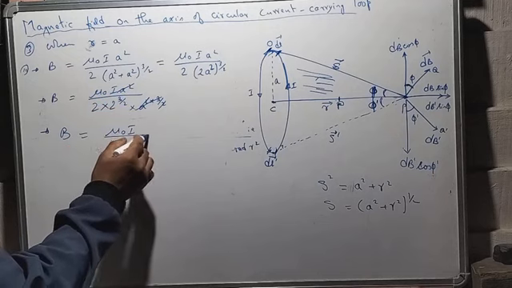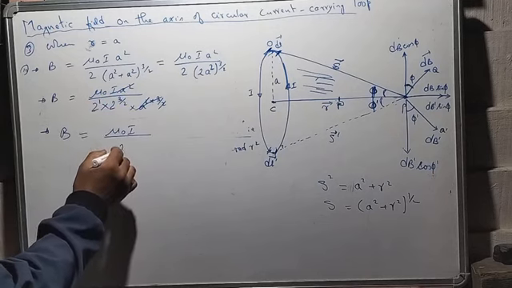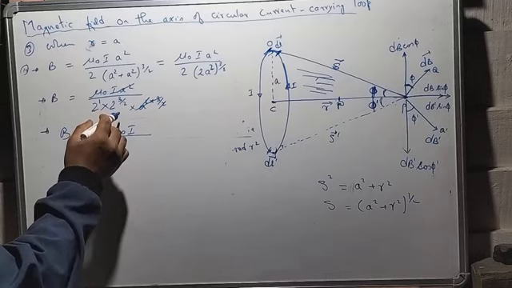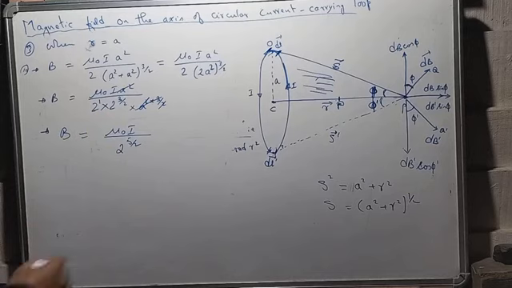So mu naught I upon this 2 and this 2, which is power 1. If you combine, you'll get 2 to the power 5 by 2.